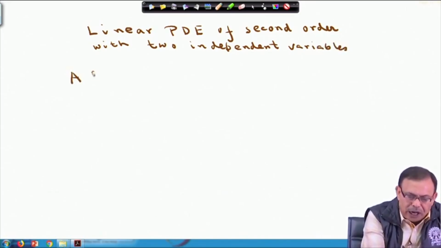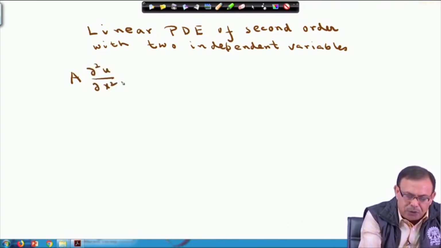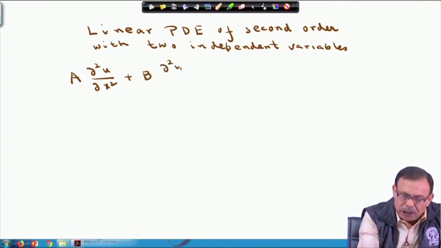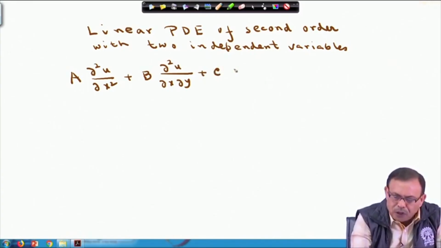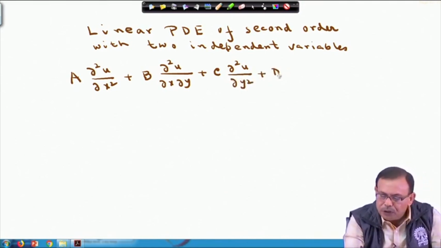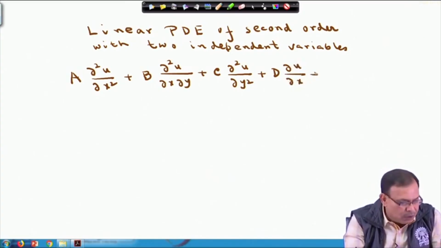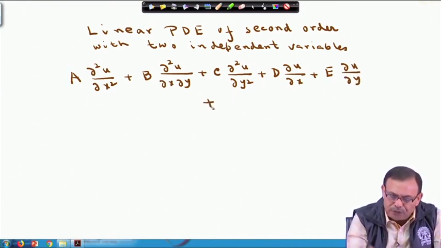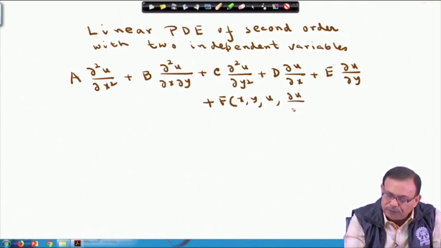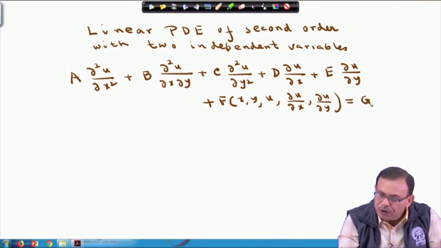In general form, we write it as a into ∂²u/∂x² plus b into ∂²u/∂x∂y plus c into ∂²u/∂y² plus d into ∂u/∂x plus e into ∂u/∂y plus some function of x, y, u, ∂u/∂x, ∂u/∂y, equals g of x, y.